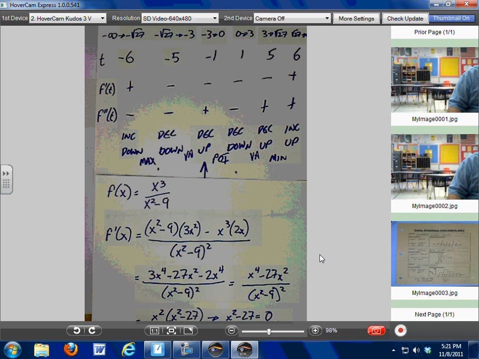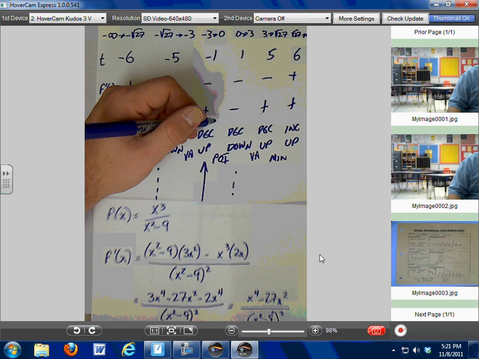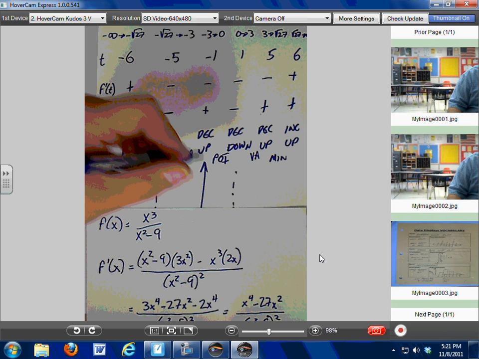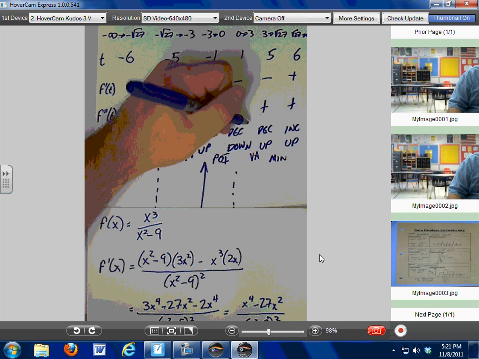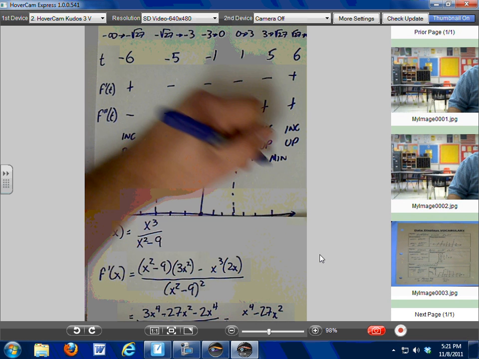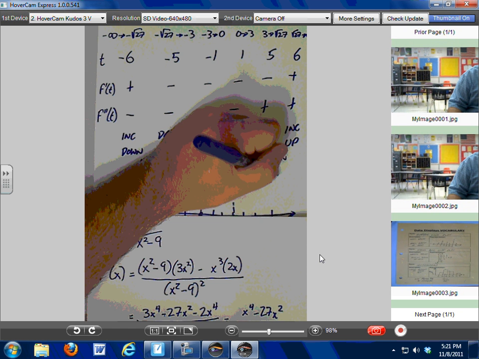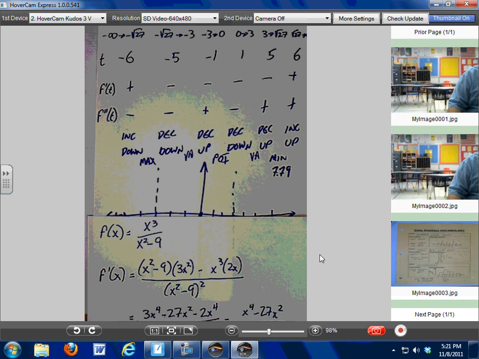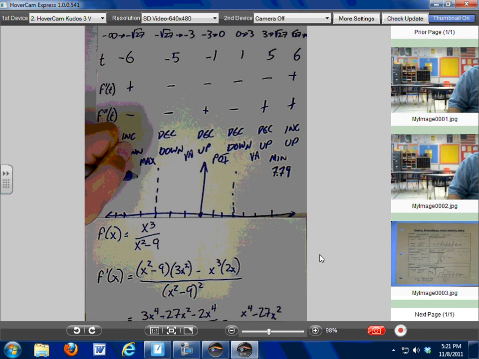I shouldn't do this one this way, but it's going to be 27 minus 9, so that's 18, divided by 18. So my max is going to be at about 7.79. Oh, my min's going to be at 7.79. That's with the square root of 27. And if you believe me or not, this one's going to turn out to be at negative 7.79.